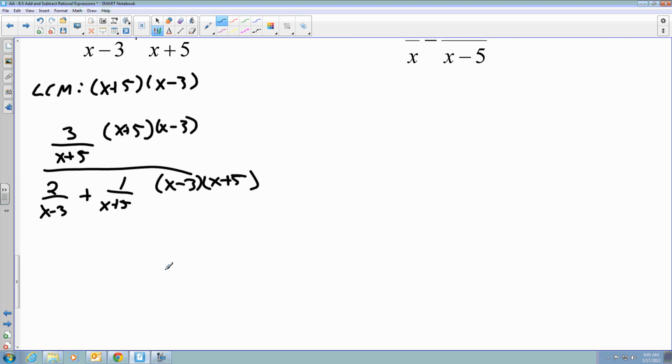So if I look at the numerator here, these will cancel. So now I'm just left with 3 times x minus 3.